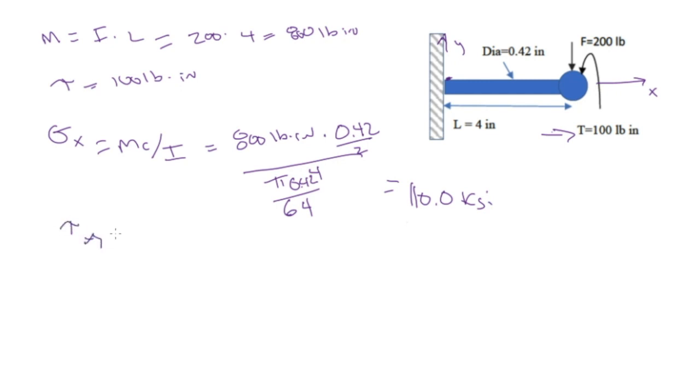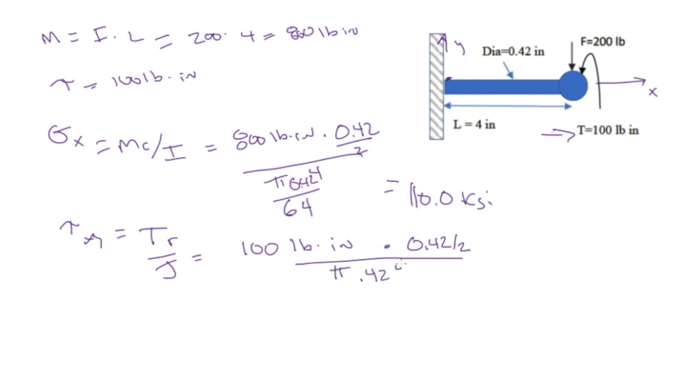Torsional stress is going to be TR over J, with T being our torque, 100 pound-inches. R is our radius, so again 0.42 divided by 2. And then J, which is pi, diameter to the fourth, divided by 32.